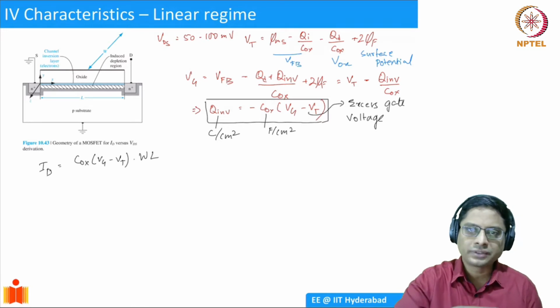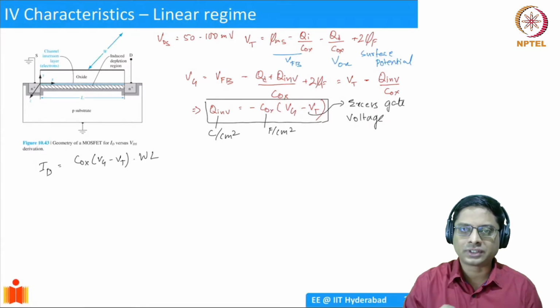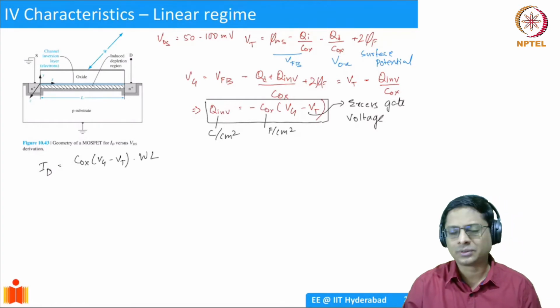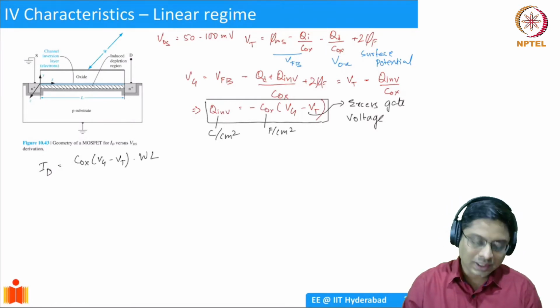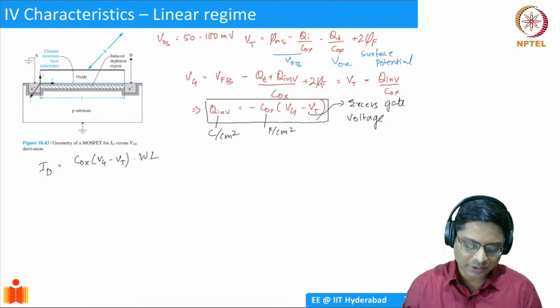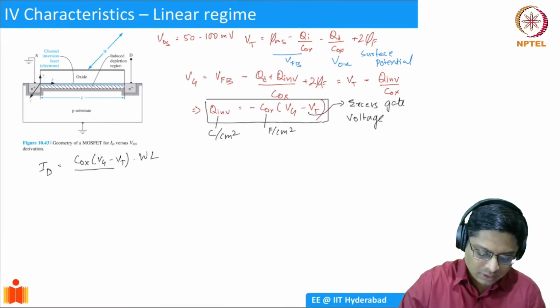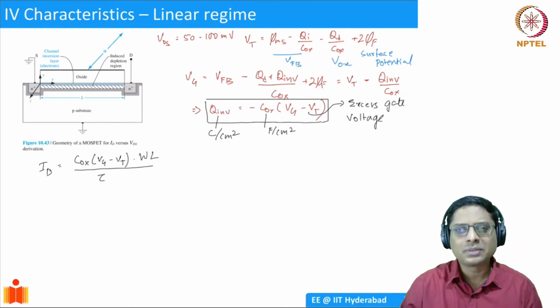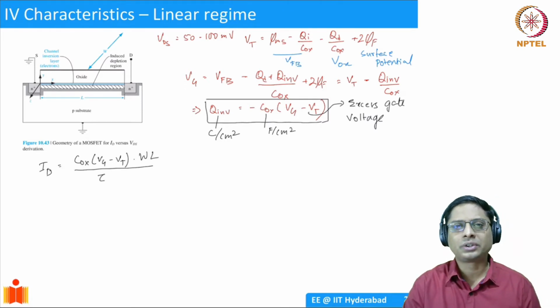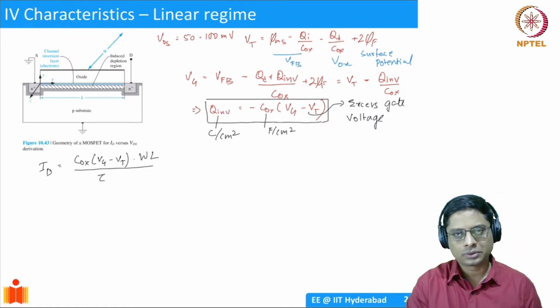The total area under the gate is going to be W into L, and that is going to be divided by tau. Tau is simply the time it takes for an electron to travel from source to the drain.